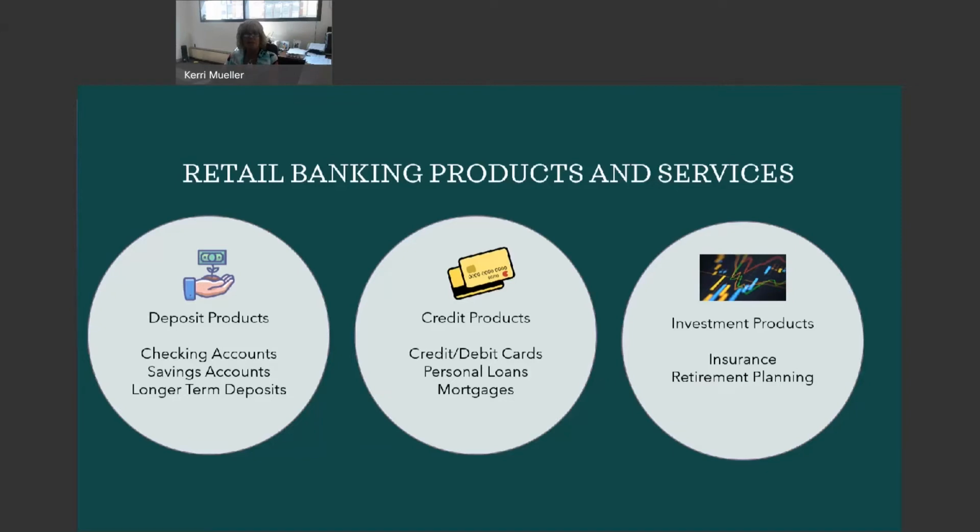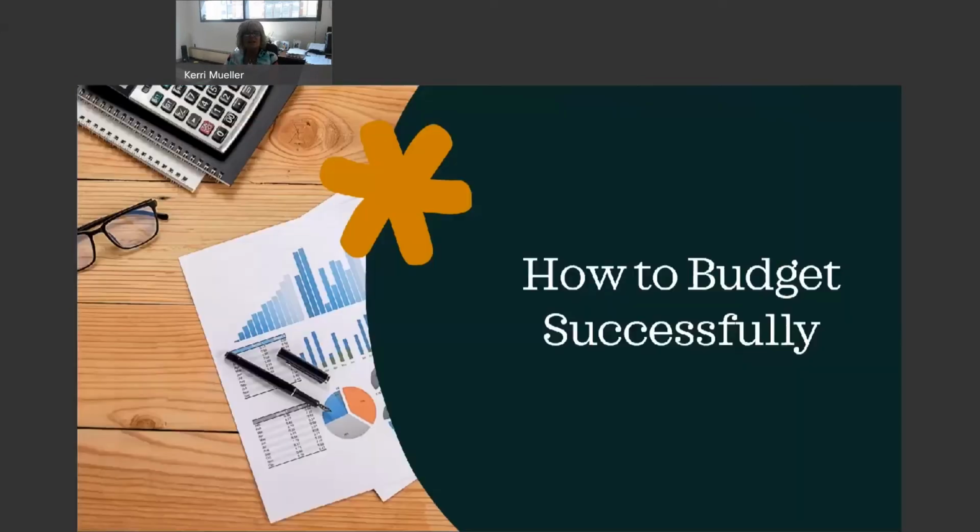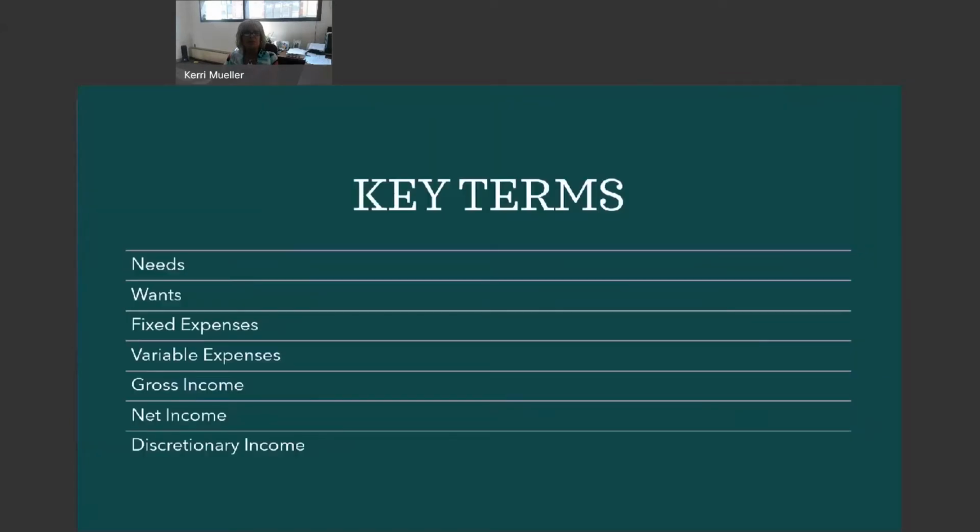The next topic is budgeting. And this is a topic that we spent a lot of time on, and several slides on. A good starting point that we're going to cover is how to create a budget. When you look at how to create a budget, you need to designate between your needs versus your wants.